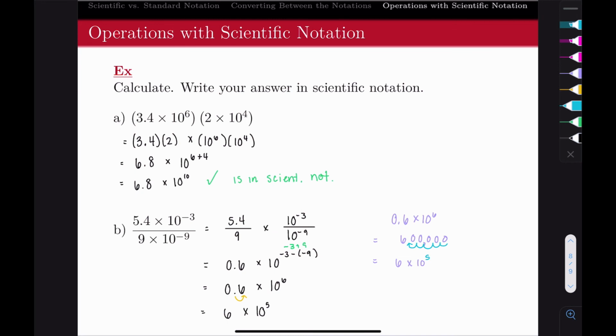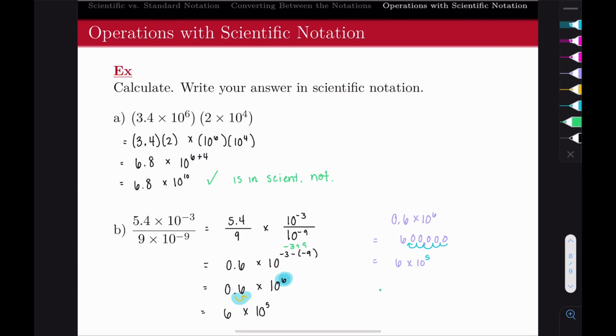So this works when you have a small power, but if it doesn't, then you have to think of it abstractly. And again, just to refresh on how we did that, the positive exponent tells us we're automatically moving the decimal to the right. If I'm going to move it 1 to the right to put it in the form, I'm going to have to remove 1 from this exponent because I've done one of those positions.